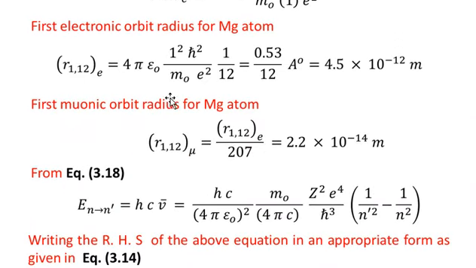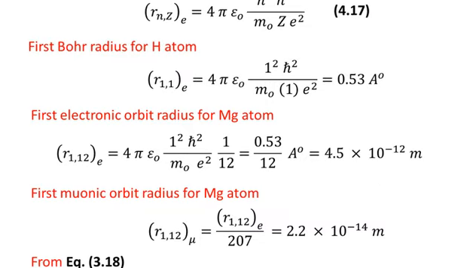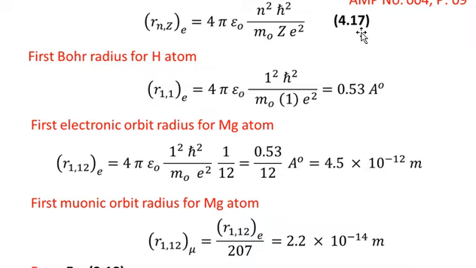Now I am going to calculate the first muonic orbit radius for the magnesium atom. When we are talking about the muonic orbit of the magnesium atom, the change I am going to make is to substitute n is equal to 1 in equation number 4.17, put Z is equal to 12, and also replace the mass of the electron m0 with the mass of the muon, which is 207 times the mass of the electron.